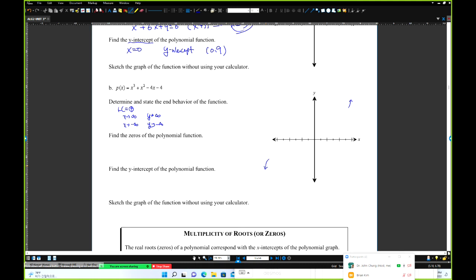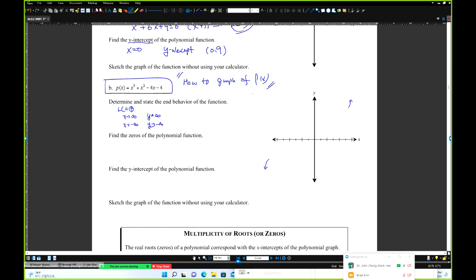Find the zeros. This is very important. How to graph a polynomial function is our main topic today. Why do we need end behavior to make a graph?